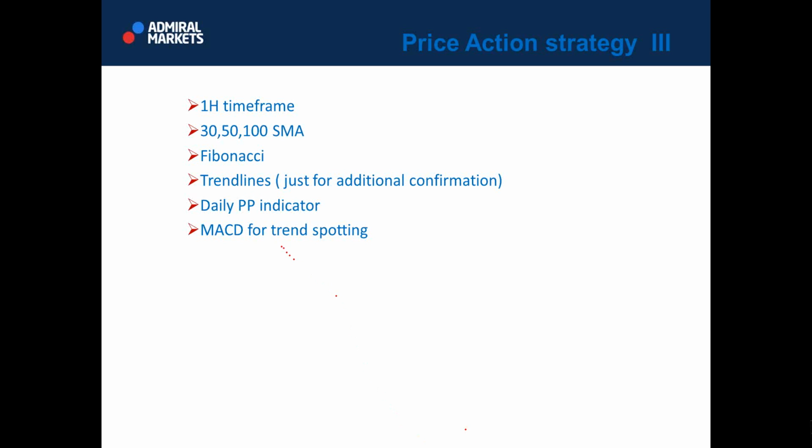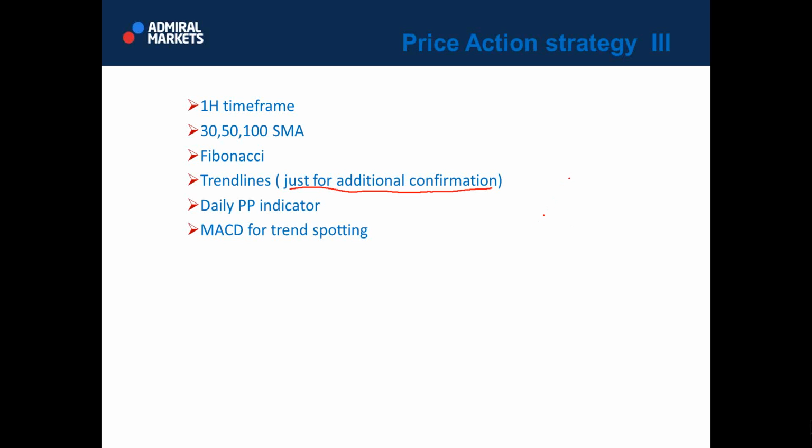Breakouts can be traded. I will show you that next time. Divergence can be traded to some extent, not full extent, but primarily trend is traded via this price action strategy. 30, 50, 100 SMA, Fibonacci, trend lines, but just for additional confirmation of confluence. You know that I use confluence in my Camarilla MACD method, and in this method you will see additional confluence.